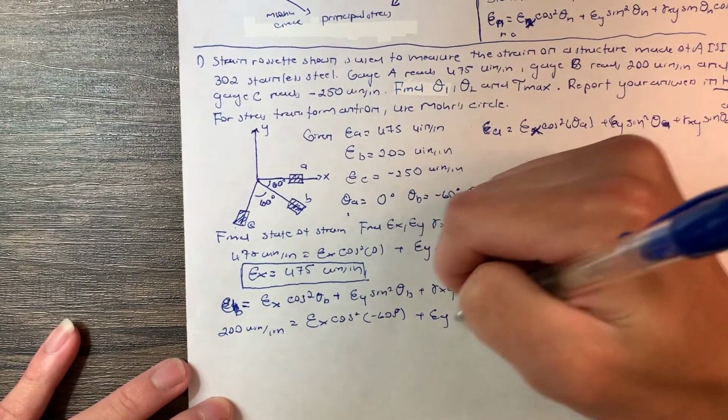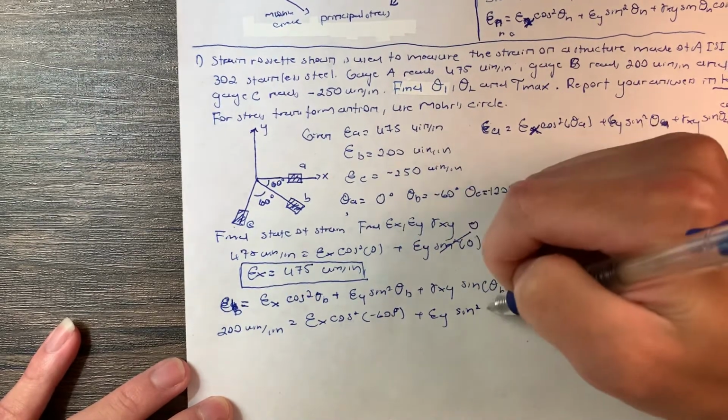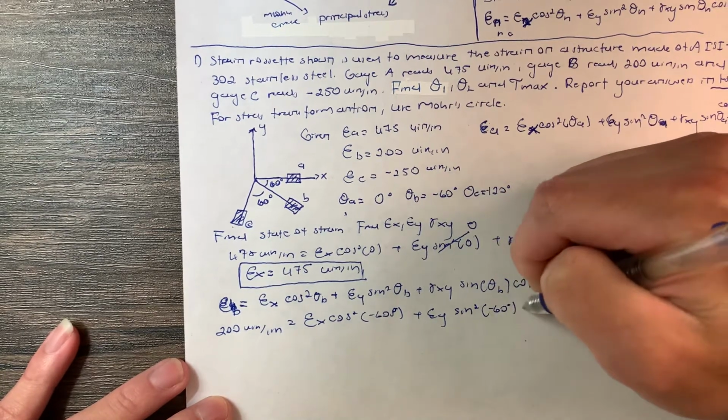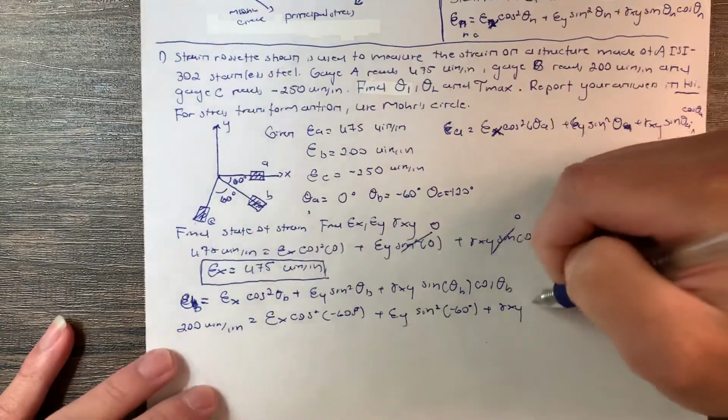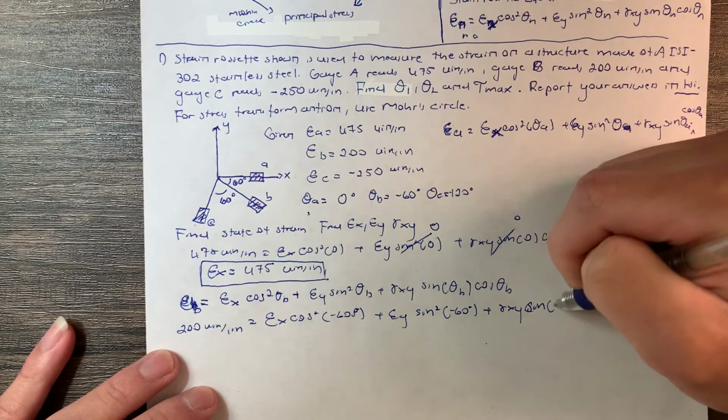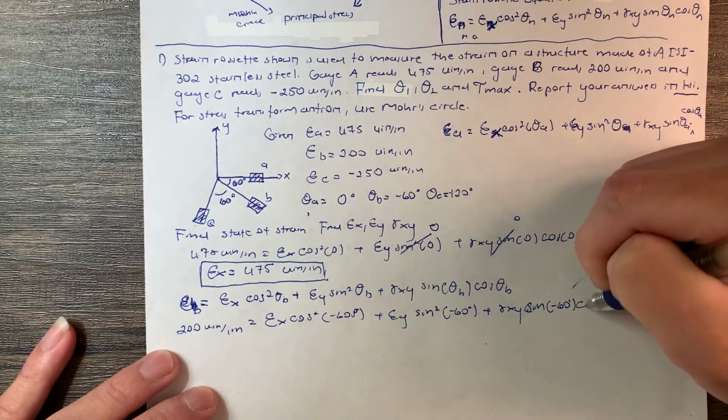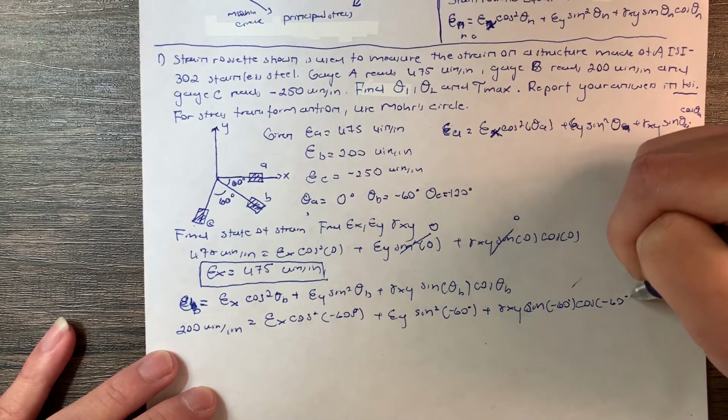Plus epsilon y sine squared of negative 60 degrees plus gamma xy sine of negative 60 degrees cosine of negative 60 degrees.